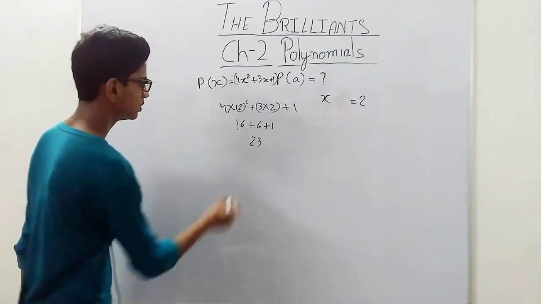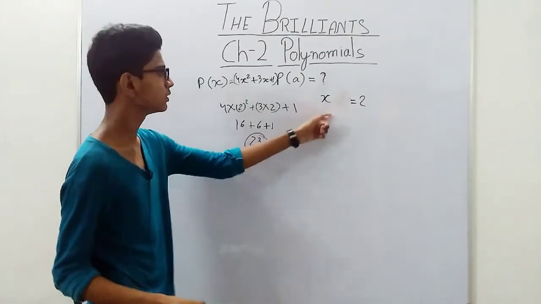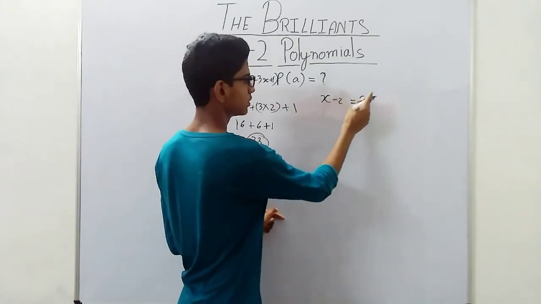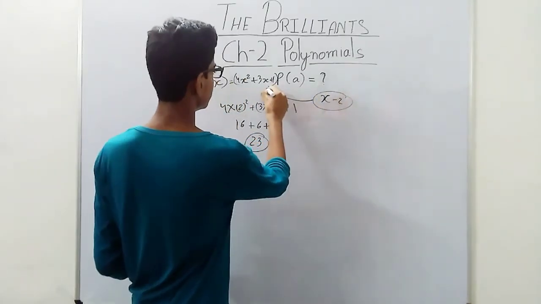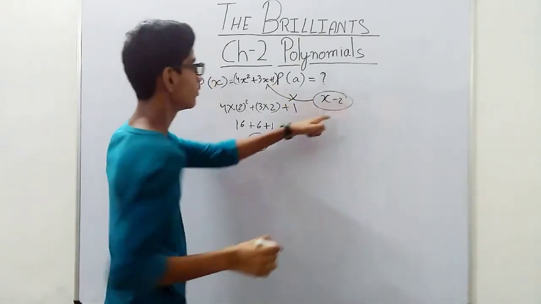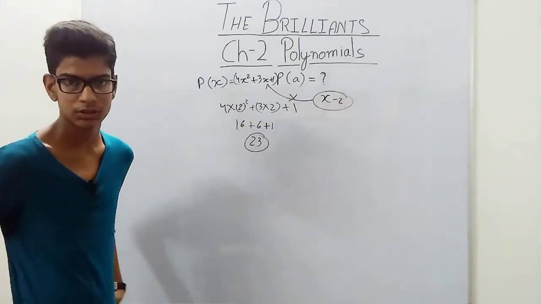Okay, this is non-zero, which means x minus 2 is not a factor of this polynomial.